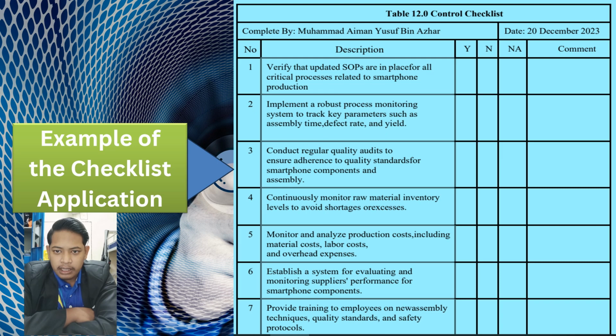This checklist consists of several items that need to be evaluated, the names of the control officer, and also the date of the evaluation. These three things are important to be evaluated and reported every month in order to make sure the process runs smoothly.